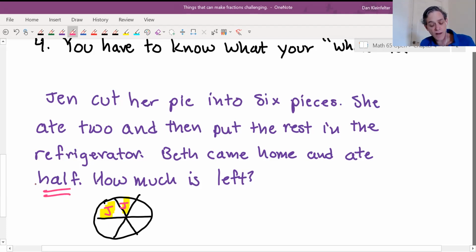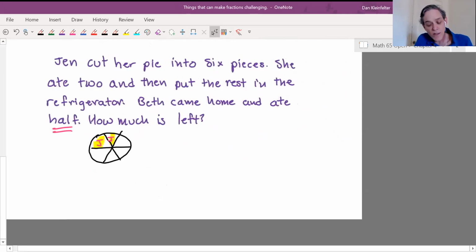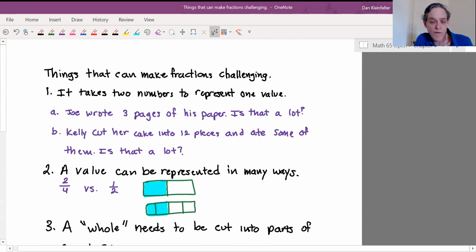This half right here, is that half of the original pie, which would be 3 slices, or is it half of what was left, which would be 4 slices? Okay, when we say half here, we have to be clear. Are we saying half of the pie, which would be 3 slices, or half of what's left, which would be 4 slices? So you have to be clear on what your whole is. Okay, so these are some of the things that can make working with fractions maybe a little bit tricky, or at least something that you do have to watch out for.